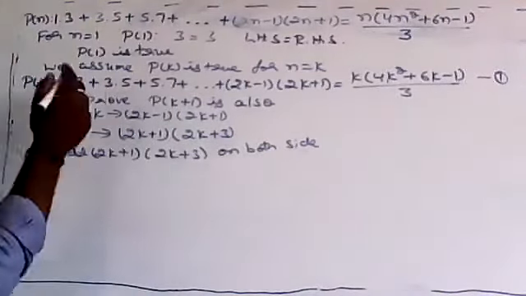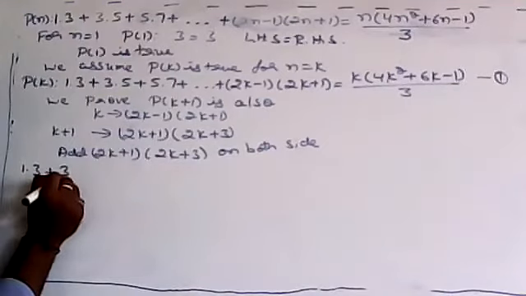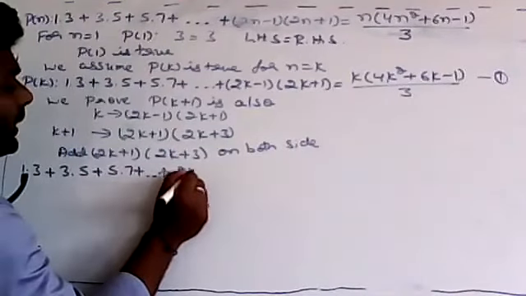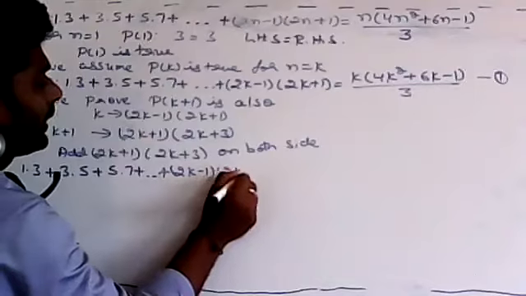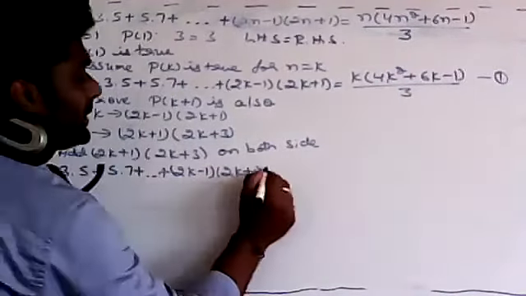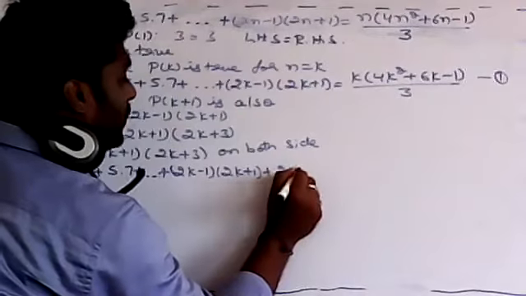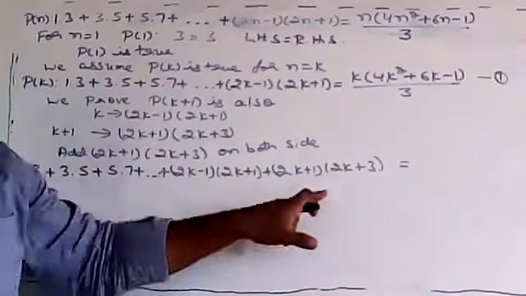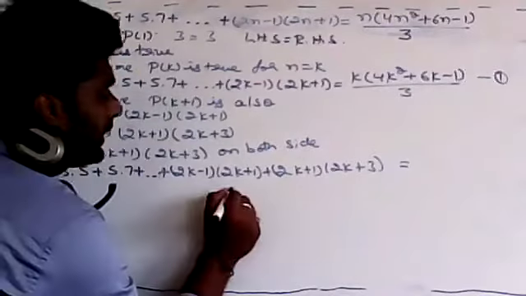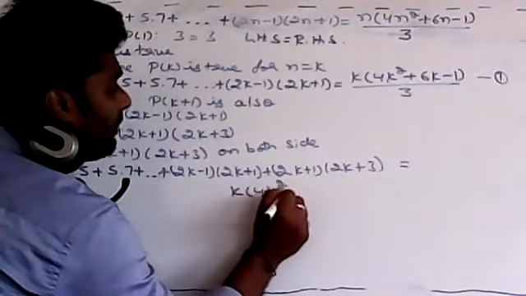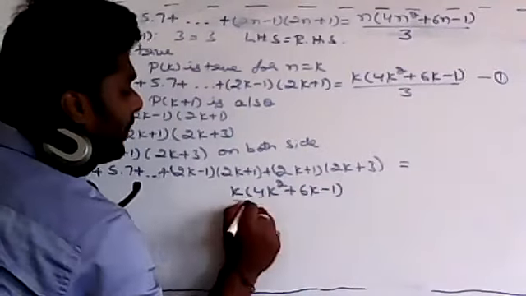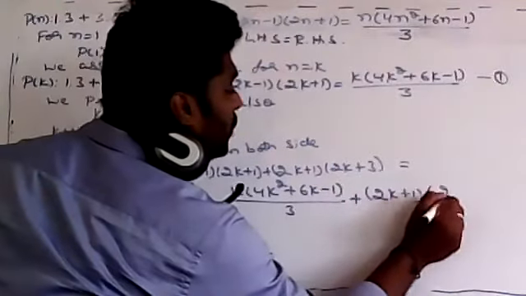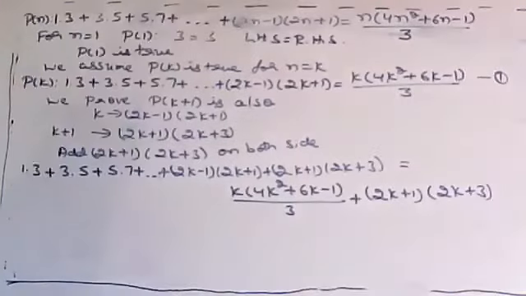So what do we get then? 1 into 3 plus 3 into 5 plus 5 into 7 plus so on up to 2k minus 1 into 2k plus 1, plus 2k plus 1 into 2k plus 3, which is equal to k times 4k square plus 6k minus 1 by 3, and we have to add 2k plus 1 into 2k plus 3. Correct?